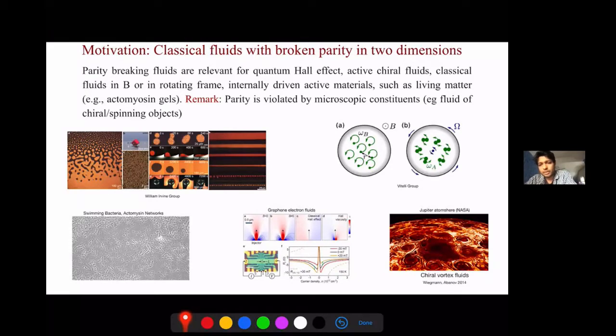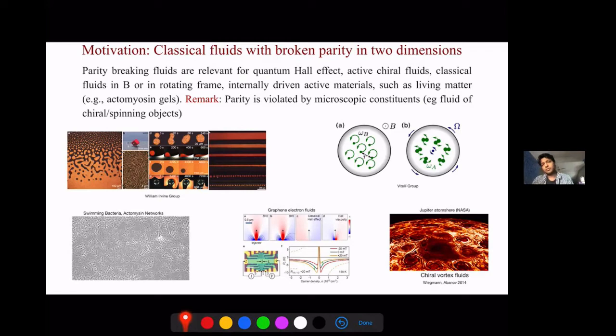Parity breaking is seen in several aspects of our everyday life, and it's also very relevant in more abstract systems like the quantum Hall effect, and more recently engineered active chiral fluids. Think of classical fluids in a magnetic field or in a rotating frame, and also internally driven active materials such as living matter.